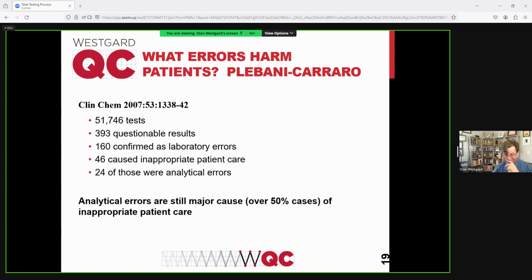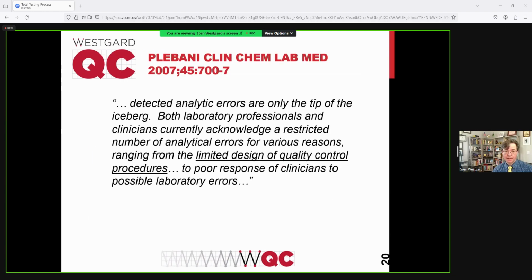It's more often the time that we have difficulty detecting it. Plebani also even noticed that, said in that paper, well, even the rate of analytical errors that we found, it's probably an undercount. We underestimated the number of analytical errors because we have a difficulty actually detecting what the error results are.